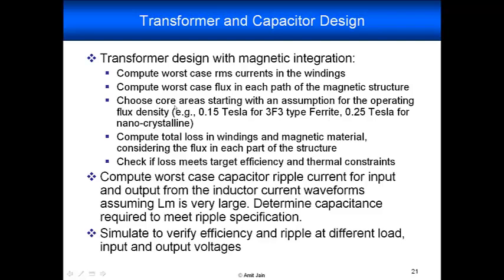Then we can choose the core areas, starting with some assumption for the operating flux density. Typically you would use something in the range of 0.15 to 0.25 Tesla for 3F3 type ferrite, and something like 0.25 or up to maybe 0.4 Tesla for nanocrystalline tape-wound cores.